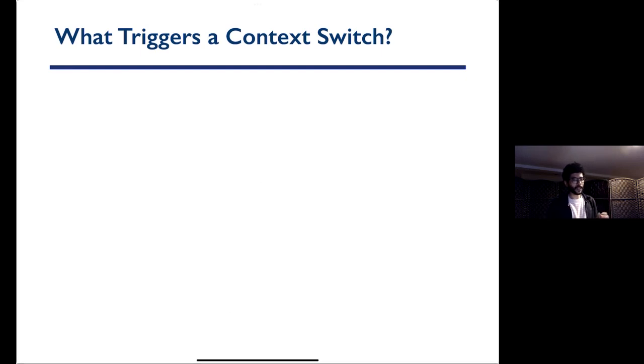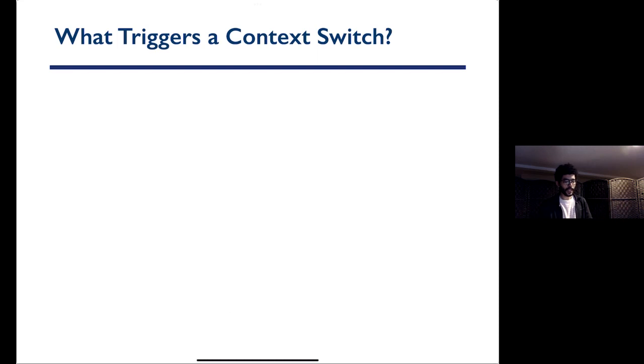So we were running thread A, now we want to run thread B. Thread B could be from the same process as thread A, or from a different process. We don't care. We call both of them context switching.